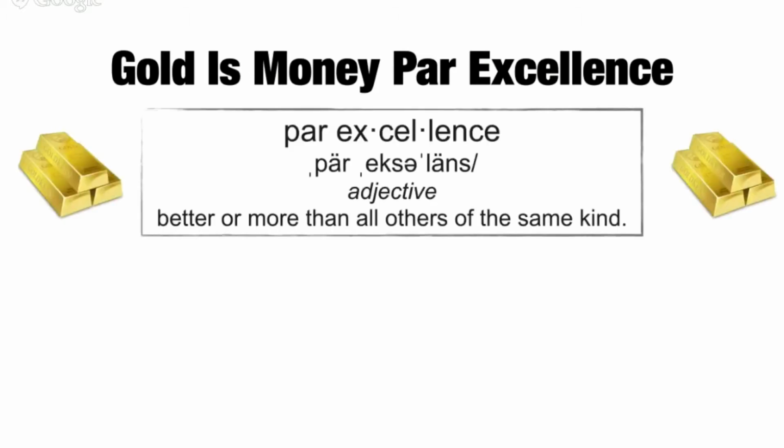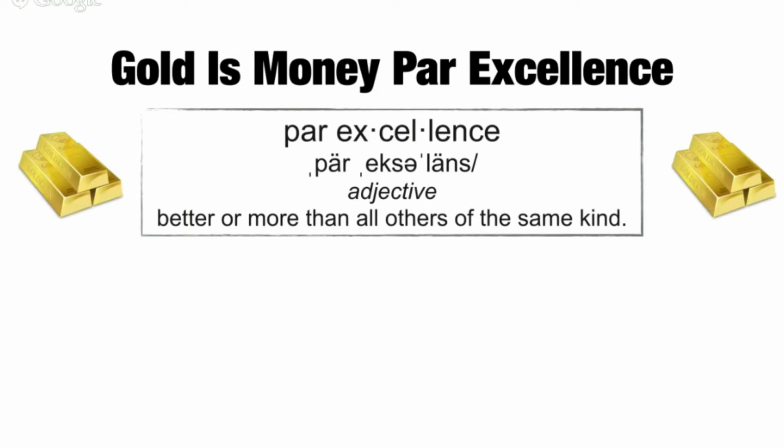So anyways, gold is money par excellence. That basically means that it is better or more than all of the others of the same kind. So of all the options you have for what could be money, right? Silver could be money. Oil, we mentioned, could be money. Palladium could be money. Platinum could be money.